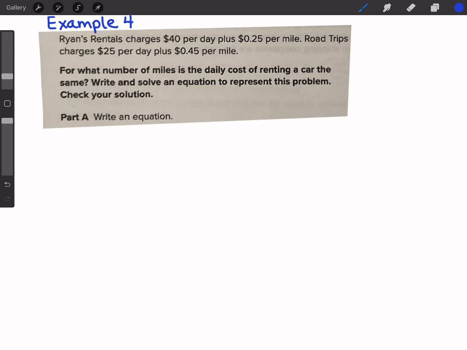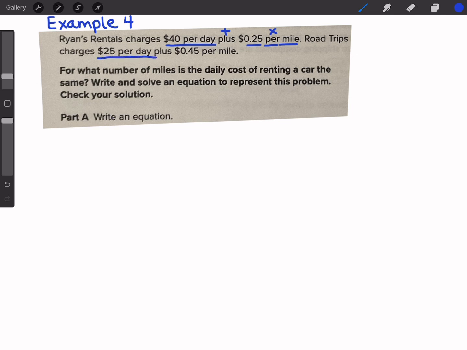Example 4, Ryan's Rentals charges $40 per day plus 25 cents per mile. Road Trip charges $25 per day plus 45 cents per mile. I'm underlining my important parts here. So I've got my $40 per day plus my 25 cents per mile.